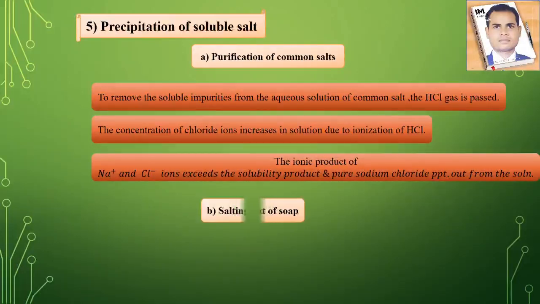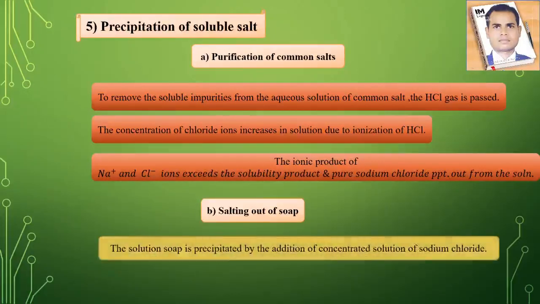In this application, one more is given, salting out of soap. The soap solution is precipitated by the addition of a concentrated solution of sodium chloride. By the addition of NaCl, the concentration of Na plus ions increases.